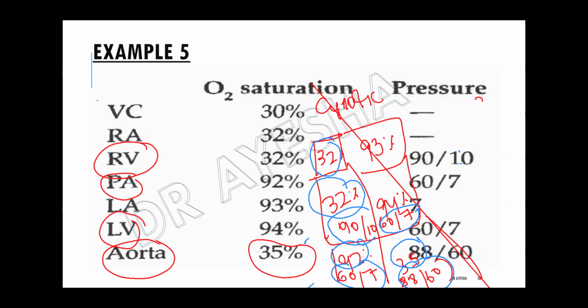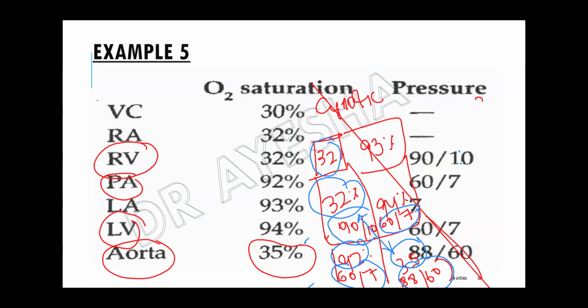Keeping in mind you are dealing with a cyanotic heart disease. Considering the condition, I think this is TGA. Very good. So you are absolutely right that if you see these compartments very carefully, the right ventricle and the aorta both are exactly the same.